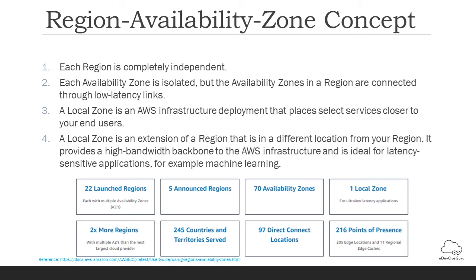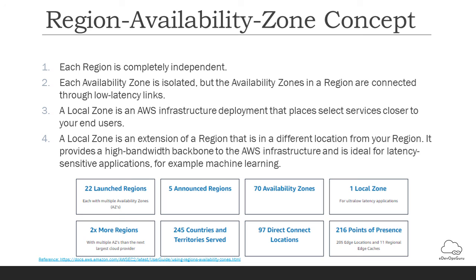As of now, there are 70 availability zones, and this number keeps on increasing. Several services can operate across the availability zones, that is S3 and DynamoDB, while others can be configured to replicate across zones to spread demand and avoid downtime from failure.